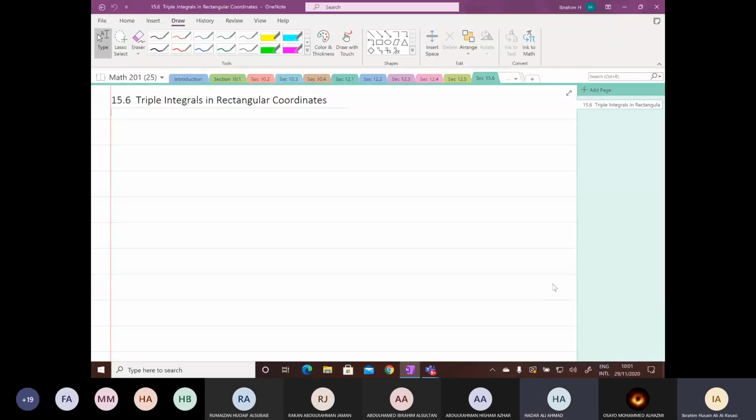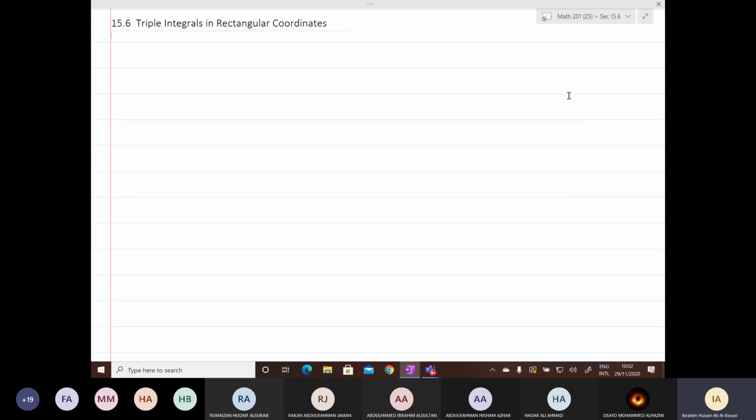Okay. Yes. So in the previous sections, we dealt with double integrals, where we consider functions of two variables. Now we do triple integrals, and we deal with functions of three variables. Briefly, triple integrals will be a generalization of double integrals.